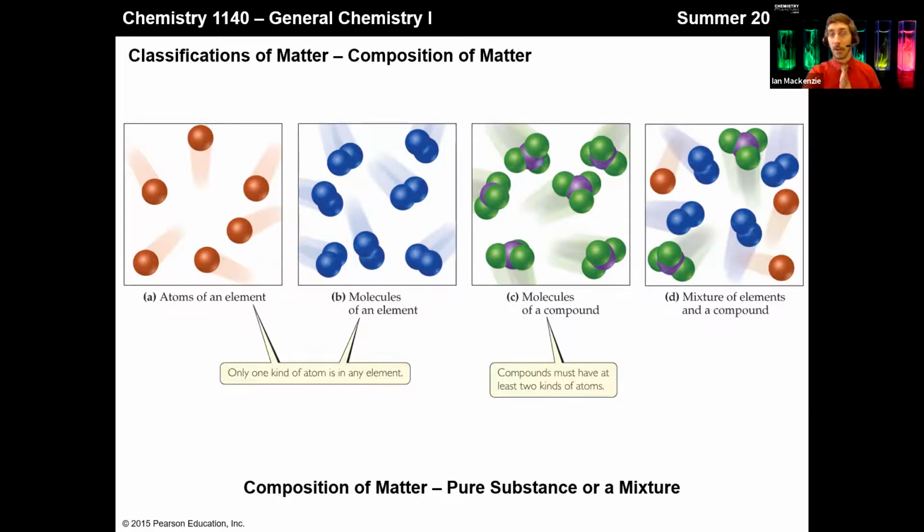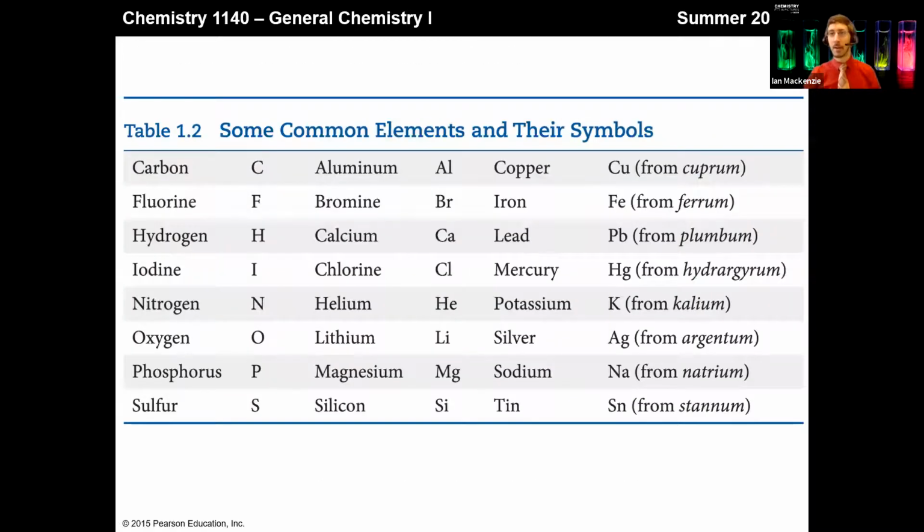Now, talking about elements, what exactly are elements? Well, you'll find them commonly on the periodic table, and we'll talk in more detail about what exactly an element is. But here are some examples that you'll find: carbon, fluorine, hydrogen. In many cases on the periodic table, the elemental symbol matches just the first letter or first couple letters from the element itself, the elemental name.